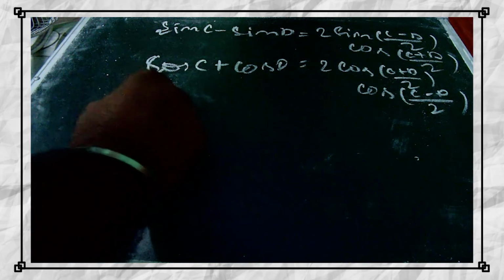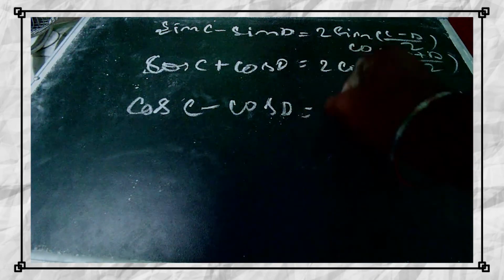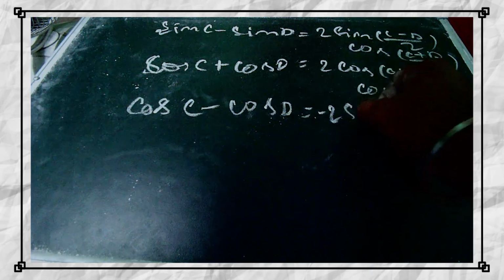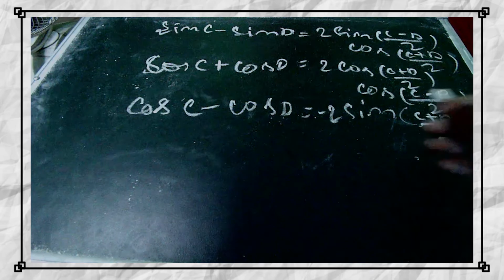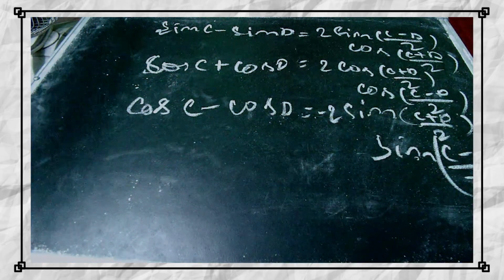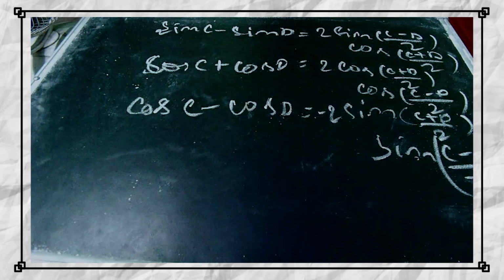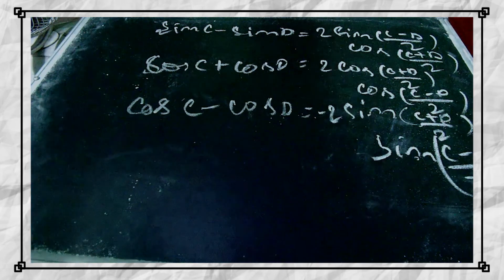And next, cos C minus cos D is equals to minus 2 sin C plus D by 2 into sin C minus D by 2. So these were all about the transformations of some trigonometric equations into their simpler forms.